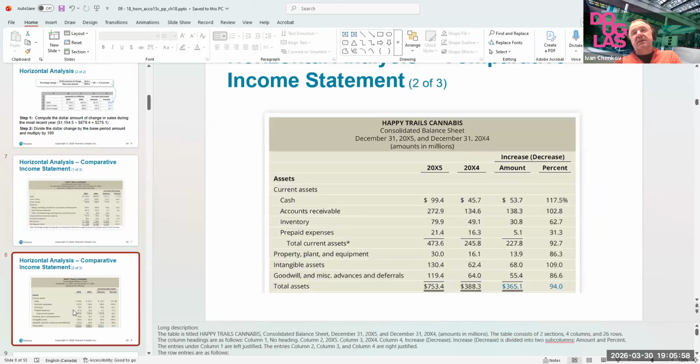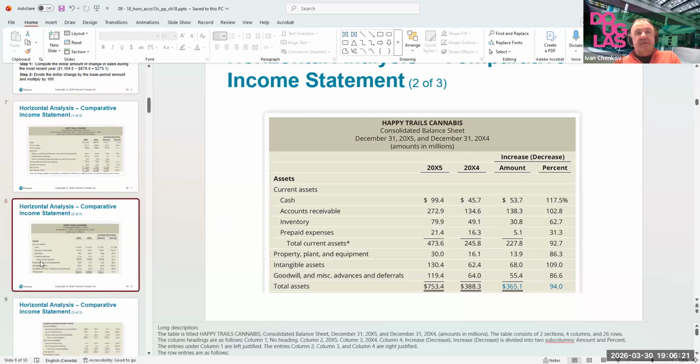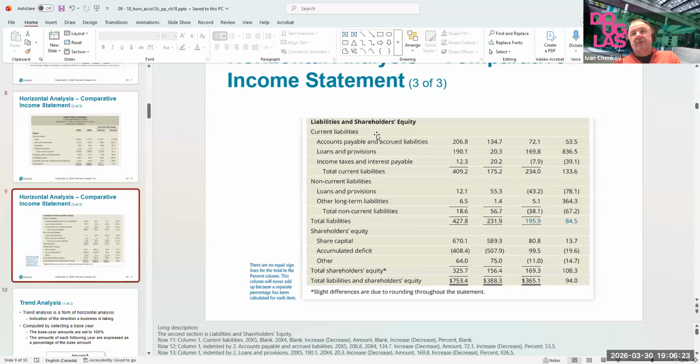We can move next to the next financial statement, which is the balance sheet. In the balance sheet, we can see the changes in 2025 compared to the base year. Is the change favorable? Is it not favorable? If we have information about the industry, we can compare these changes with the industry and see how the industry performs.